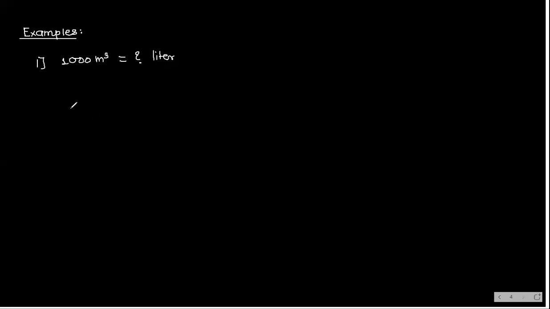Okay, so see here. 1000 meter cube is equal to 1000 into 1000 liter, is equal to 10 to the power of 3 into 10 to the power of 3, is equal to 10 to the power of 6. Wait, this is 1000 into, this is meter, no? So here, 1000 into, this is meter cube, so this is 10 power 2 centimeter whole cube.